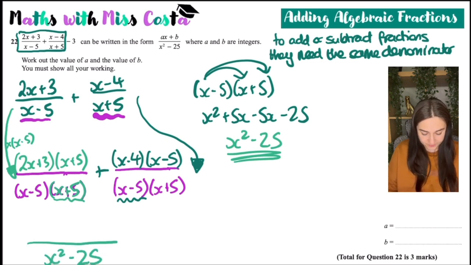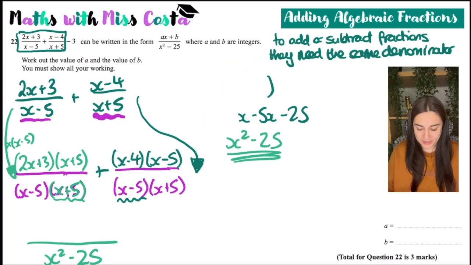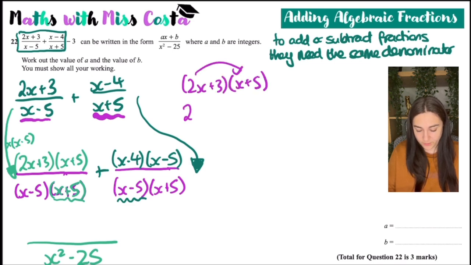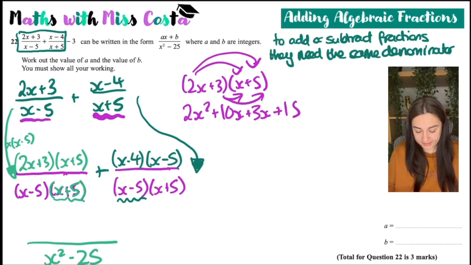And then I'm going to multiply my numerators. So I've got 2x plus 3 multiplied by x plus 5, which would become 2x squared plus 10x plus 3x plus 15. So bring it together, that becomes 2x squared plus 13x plus 15.